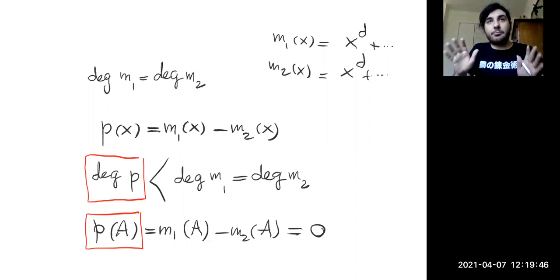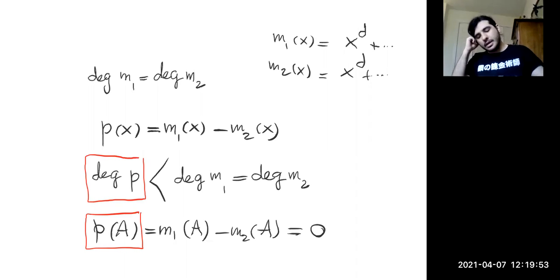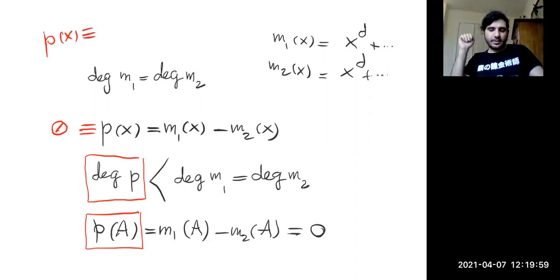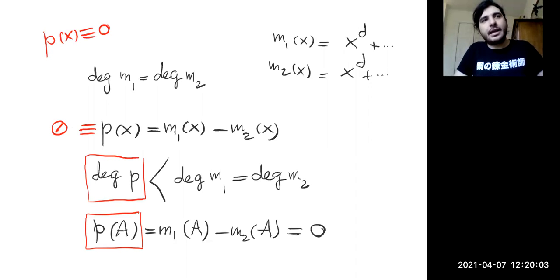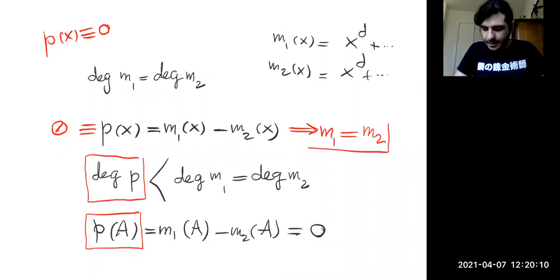By the definition, since m1 is minimal, there shouldn't be such a polynomial, unless p(x) is the constant polynomial 0. Anything is a root of that, and if that's the case, it means m1 is equal to m2. So we also have uniqueness.